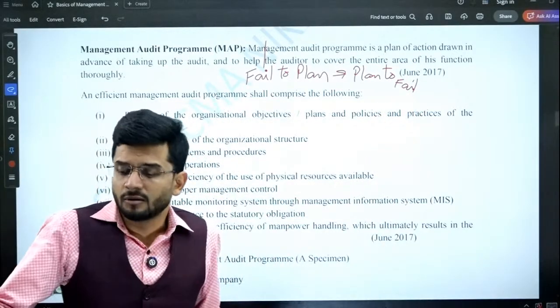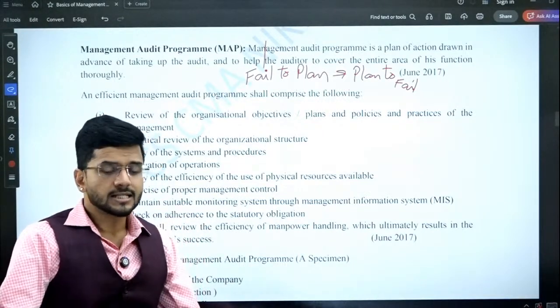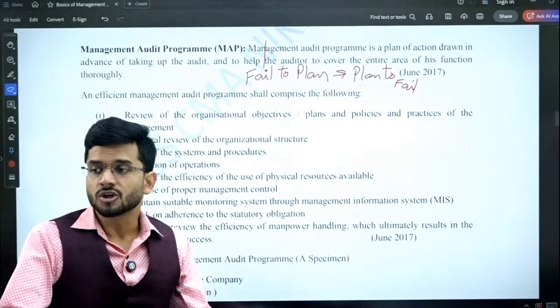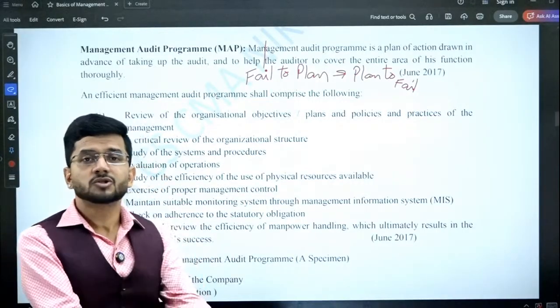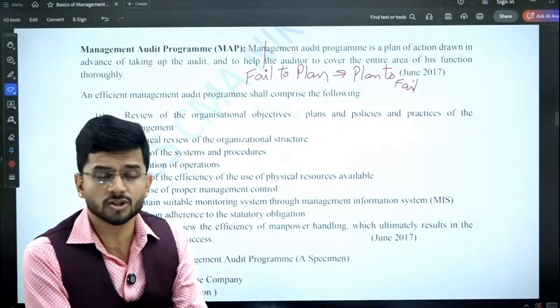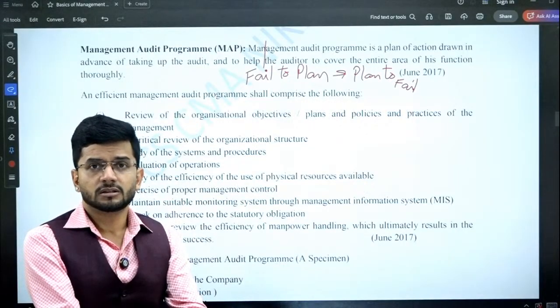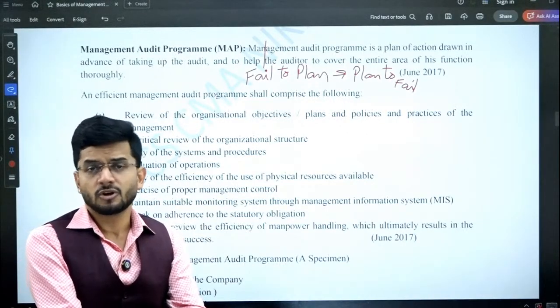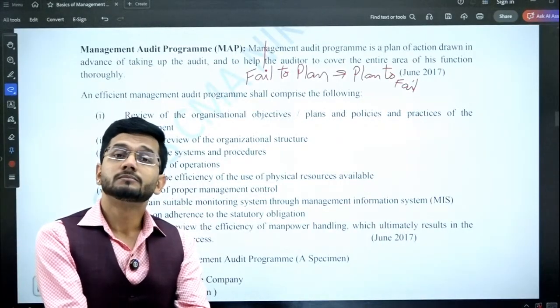Your examinations are round the corner, okay? And that is the reason why you are taking these classes. Your examination is close now, and you have not planned how you will revise the entire syllabus. You have not planned how you will complete your coachings. You have not planned how you will revise the RTPs or the workbook which has been released by the Institute of Cost Accountants of India. You have not planned anything of that, and that's a problem.